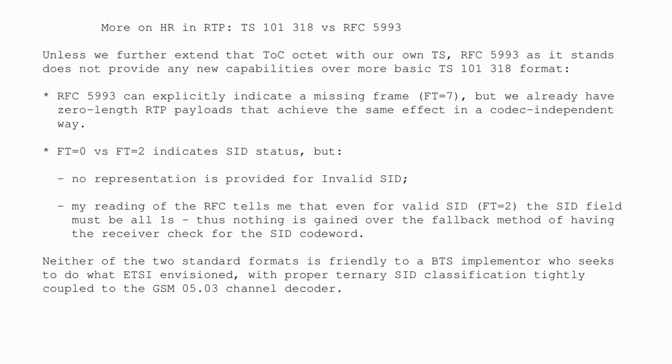At the time when I did those patches, I had the mindset that we should be adopting RFC 5993 as a forward-looking external format because of the extra header. But thinking about it in more detail, that extra header, the way it is defined in the RFC as it stands, the unchangeable word of RFC 5993 as it stands, does not give us any more functionality versus plain TS 101.318.